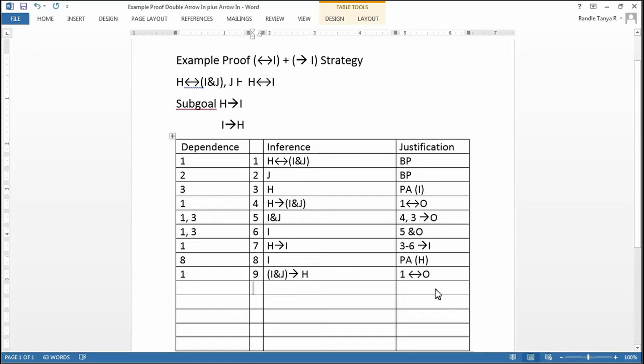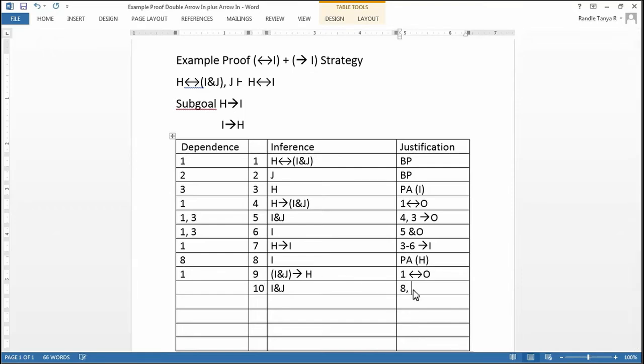Okay, now what do I do? I'm trying to get H. I have I here on 9, and I have J here on line 2, so I can get I and J. That's from line 8 and line 2, and in.